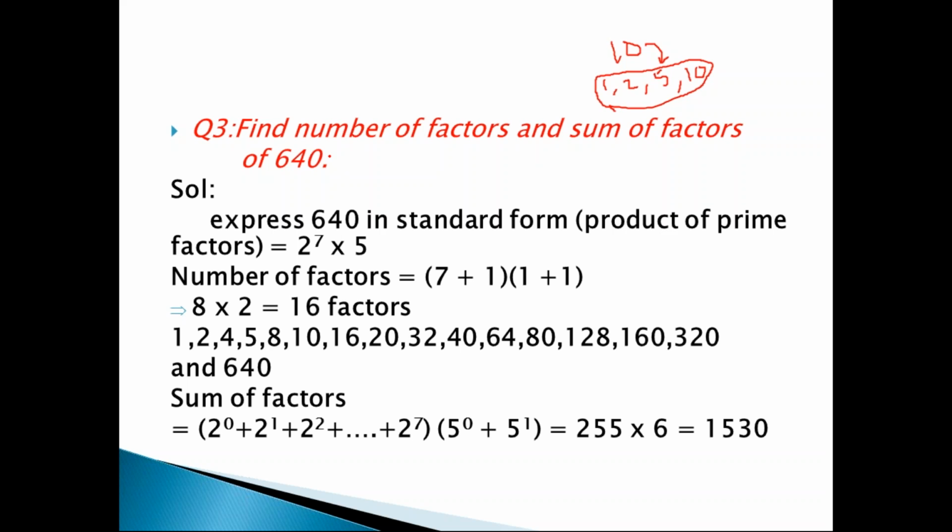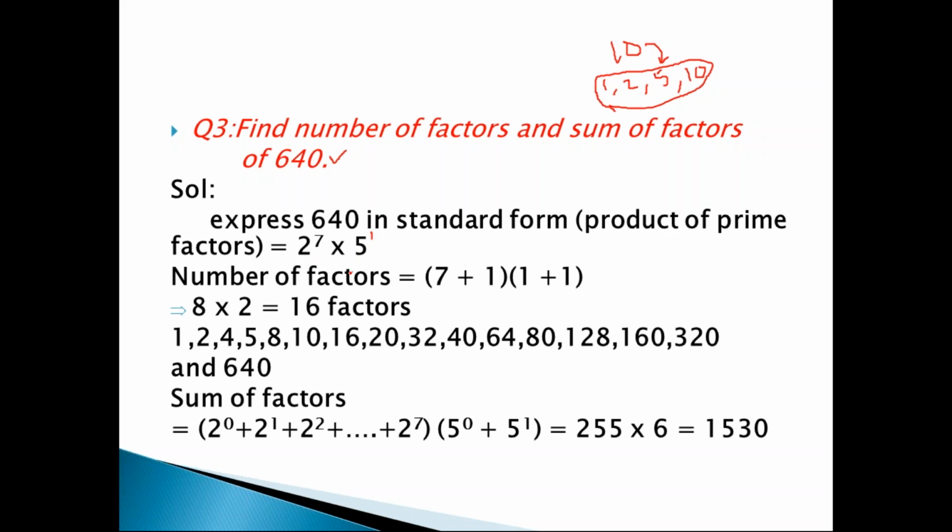In the same way, we have to find the number of factors for 640. Express 640 in standard form or as a product of prime factors. If you divide 640, you get 2 into 2 into 2, like that, 7 twos and 5. Here we should assume that 5 has power of 1.